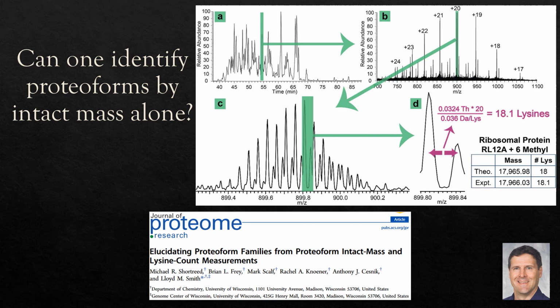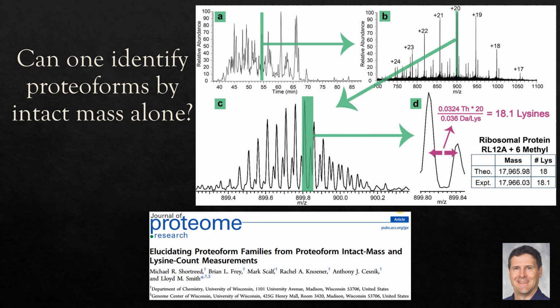One thing that we're really interested in is, since top-down experiments take such a long time and yield so few proteoform identifications, maybe we can simply identify proteoforms by intact mass alone. This is work that was done by myself and Brian Frey several years ago.